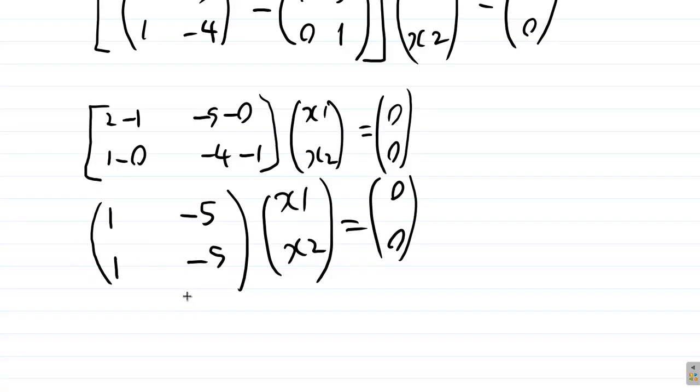Alright? Now, here, if you multiply these, you're going to have 1 by x1, that's x1, plus -5 by x2, -5 x2, equal 0.